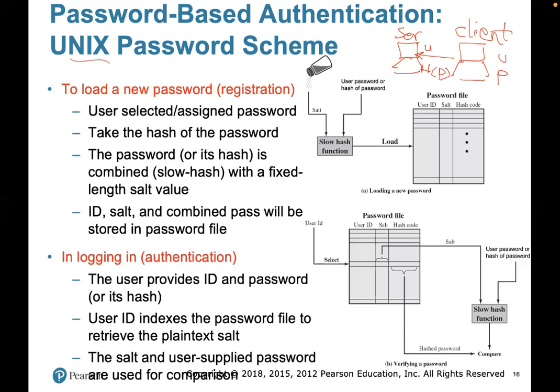Okay, in the Unix-based password authentication, the system works this way. Again, here we have two scenarios. One, you want to load a new password to the system, which is basically another description for the registration phase.